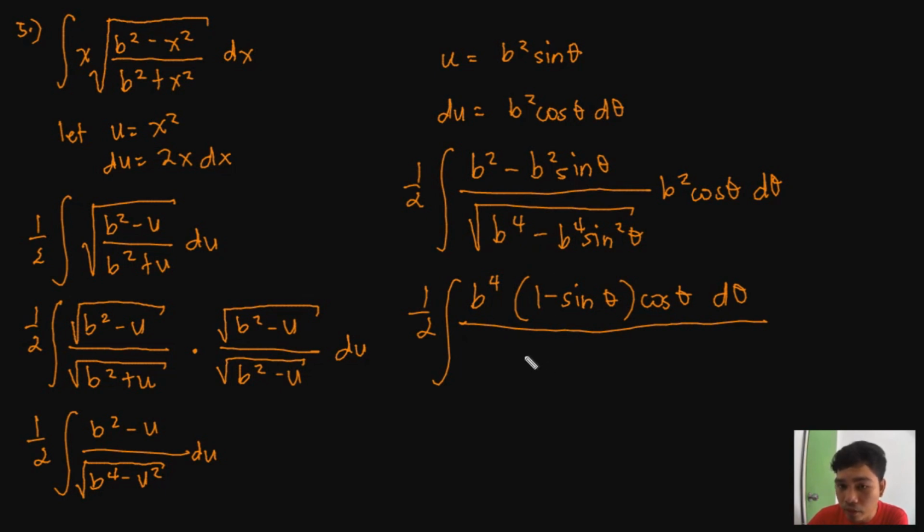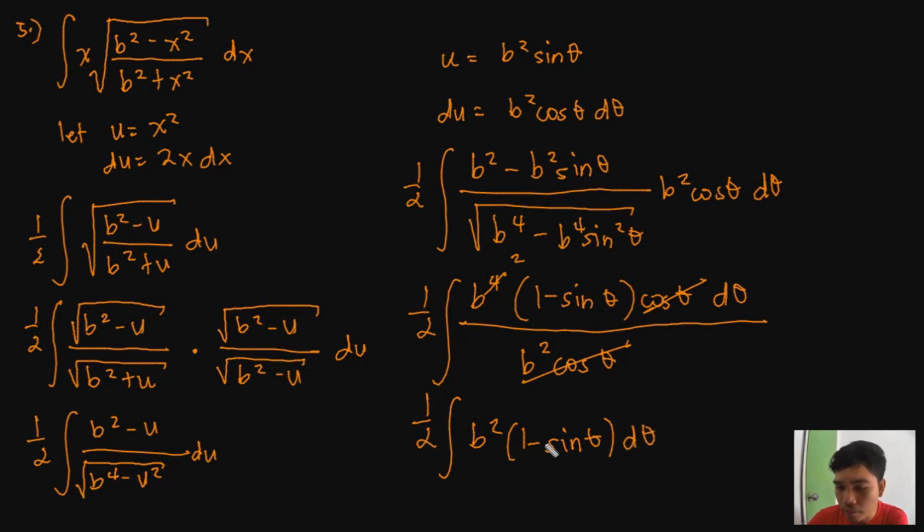So with this, yung magiging sagot dito is b squared cosine theta d theta. Okay, so pwede natin itong cancelin. Okay, and then yung isa pang squared which is b squared. Therefore, we'll be left out with 1/2, and then the integral of b squared 1 minus sine theta d theta.